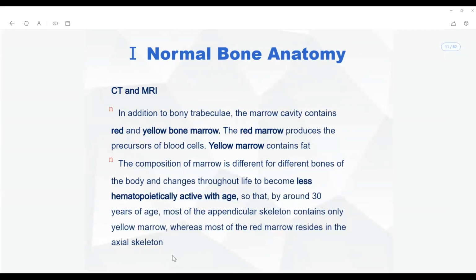Now, when you are trying to look at the red marrow present in the axial skeleton, you are going to prescribe an X-ray or CT or MRI oriented towards the axial skeleton itself, because red bone marrow is present in the axial skeleton. So now the question comes.